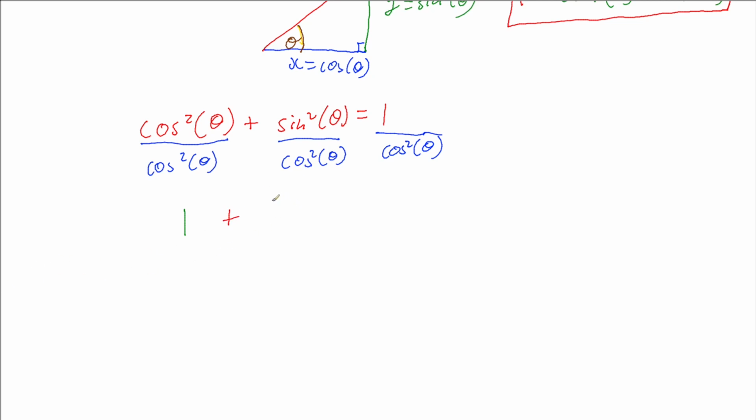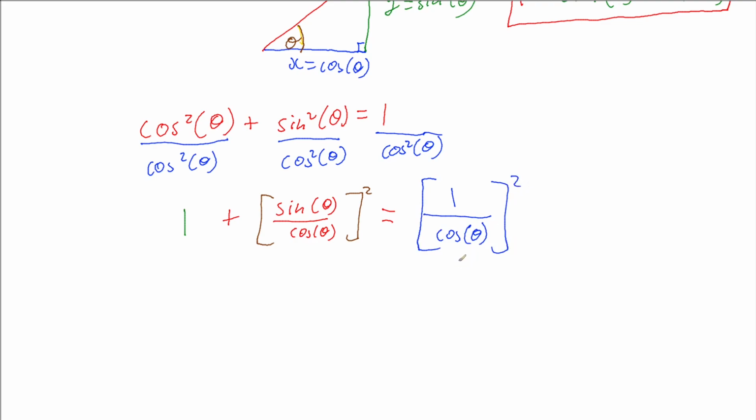Now I'm going to write this as all squared. I'm going to factorize out that power of 2 and leave it as sine theta on cos theta. And then on our right hand side, I've got 1 over cos squared theta, which I'm going to do the same thing with, bringing out that squared. The reason I've done this is there's not much we can do with the 1.